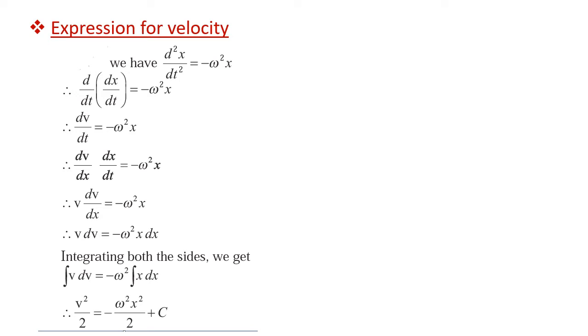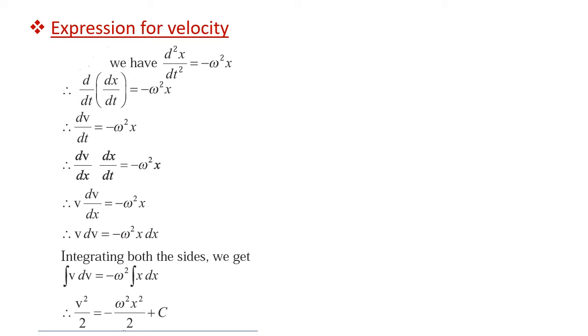We are aware that the time rate of change of displacement, dx upon dt, is nothing but velocity. So we can write the same expression as d by dt of v, or dv upon dt, is equal to minus omega square x.